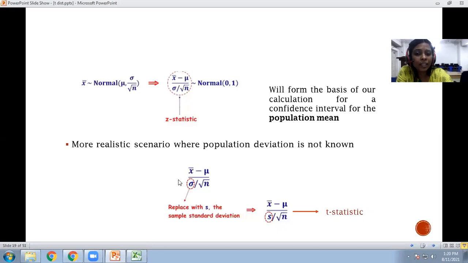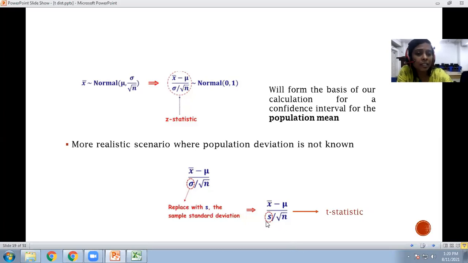So we'll mostly stick to the other formula, where instead of the population standard deviation, we replace it with the sample standard deviation, small s. Out of the total population, since we always randomly select a small sample of sample size n, we can easily calculate the sample mean and the sample standard deviation.